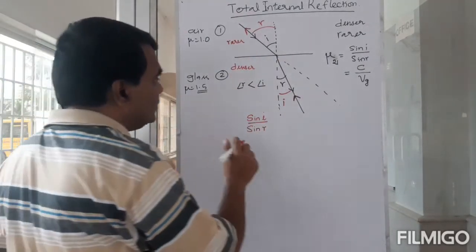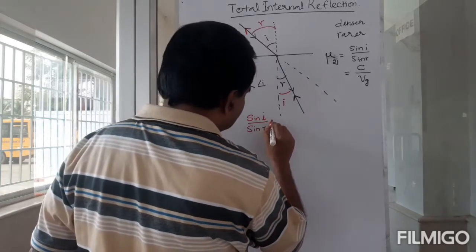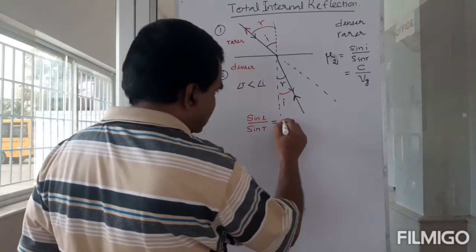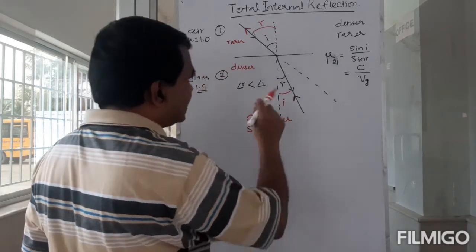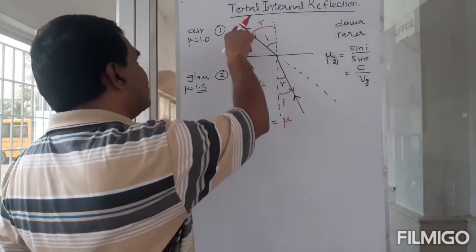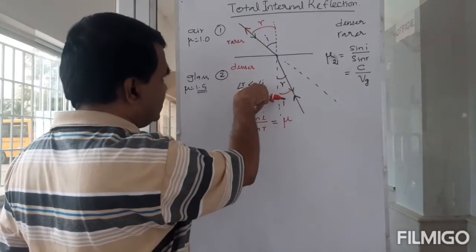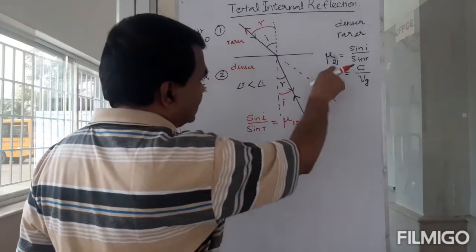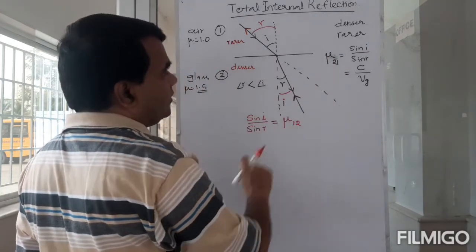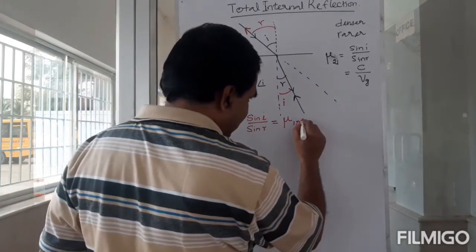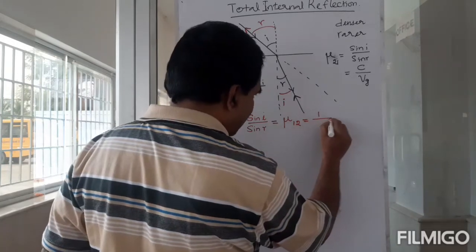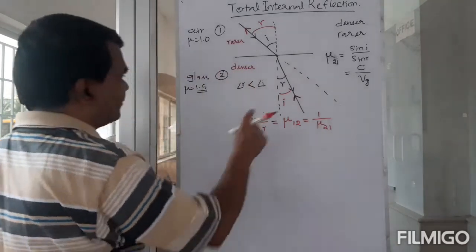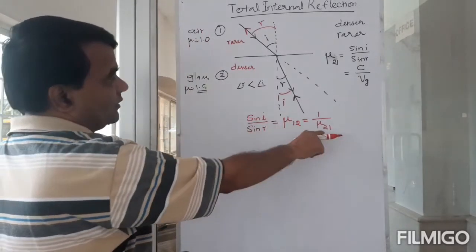Okay. So this is going to be equal to the refractive index now. But notice, now this refractive index is the refractive index of air with respect to glass. So this is 1 with respect to 2. You see, it's different. And then this is also equal to 1 by mu 2 1. That is the refractive index of glass with respect to air.